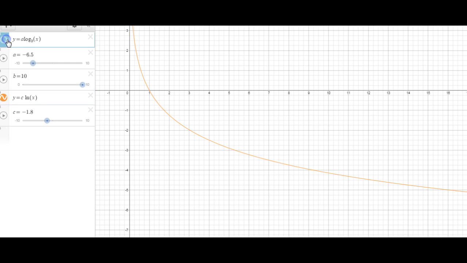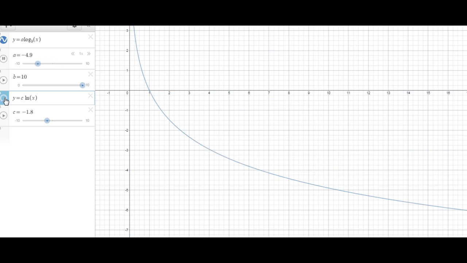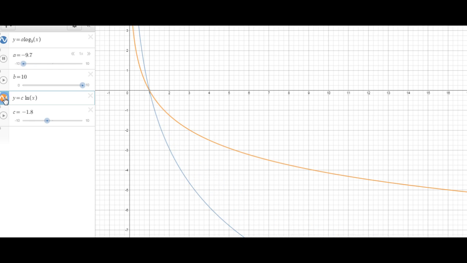Compare that to this, and all we will do is change the a value. We'll leave the base the same. And I don't have this graph showing. So when A is negative or C is negative, you're looking at kind of the same idea going on.